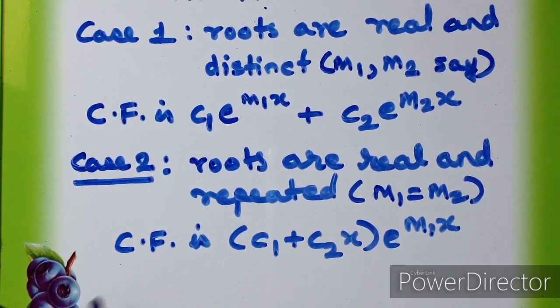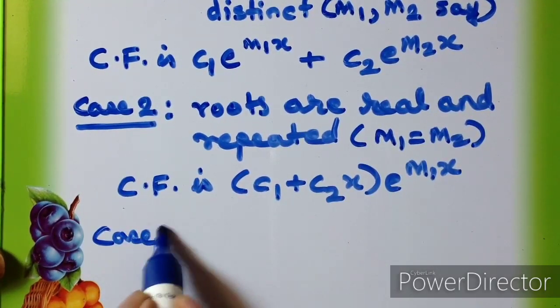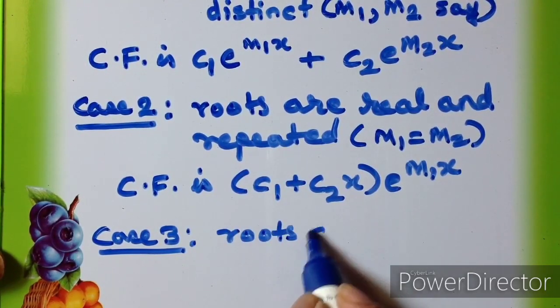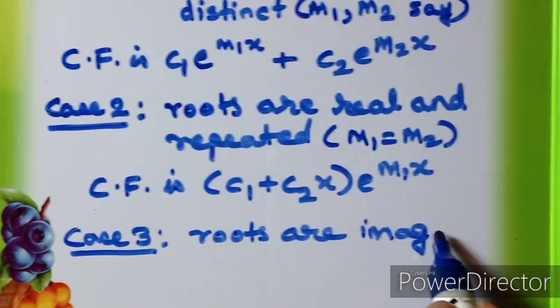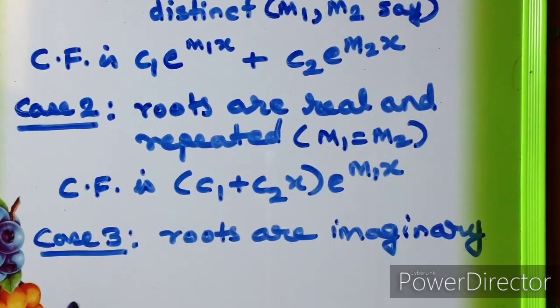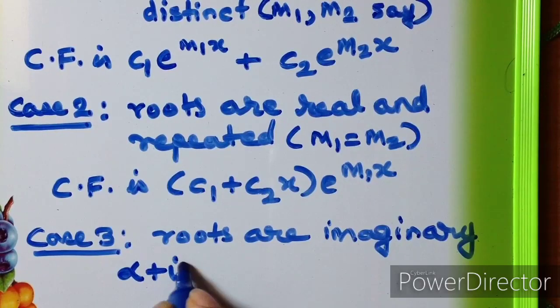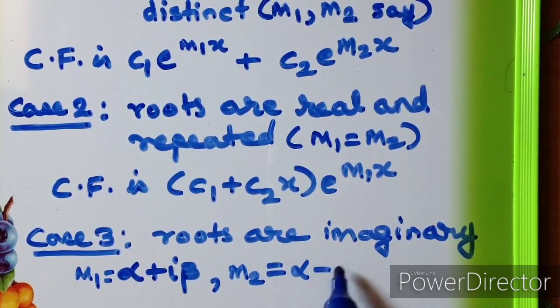Okay, now in the third case, case 3, roots are imaginary. In the case of imaginary roots, if alpha plus i beta is a root, then its conjugate is also a root of the equation.